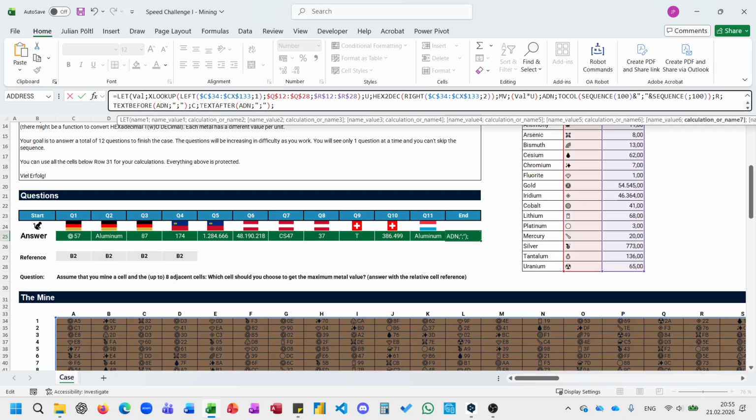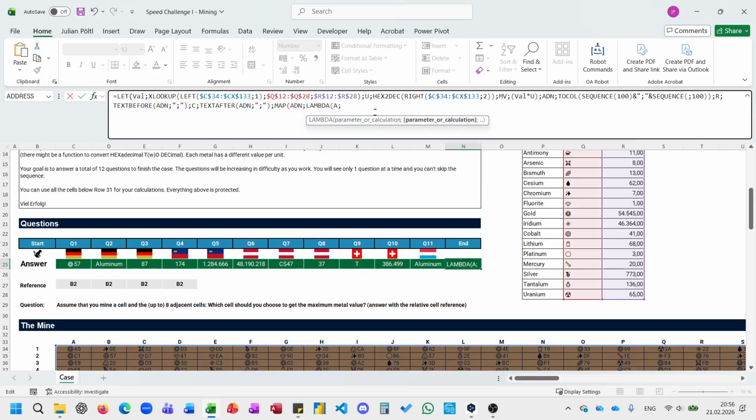Okay, and then I did the following. I mapped in ADN. Okay, annoying. LAMBDA A. And now I did then LET, how do I name this?